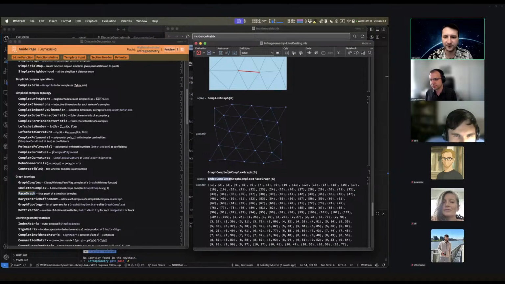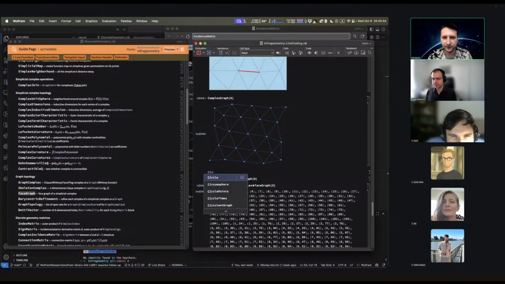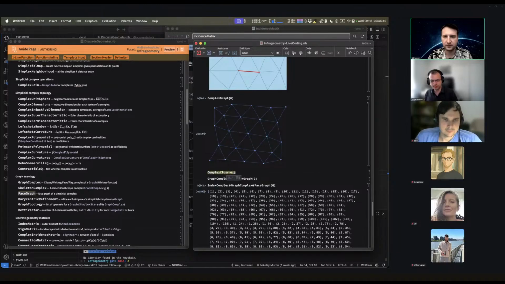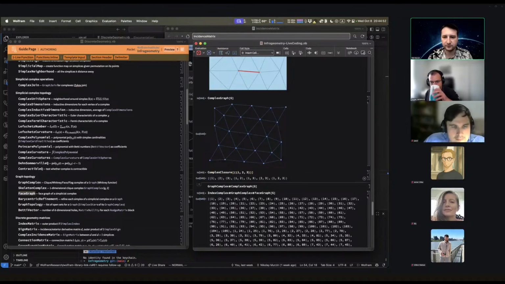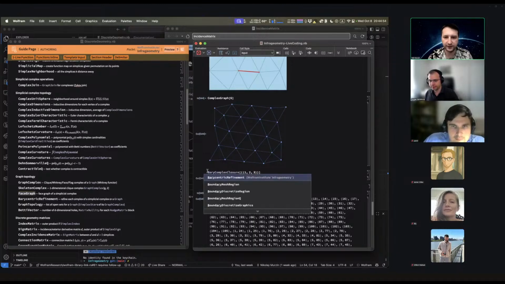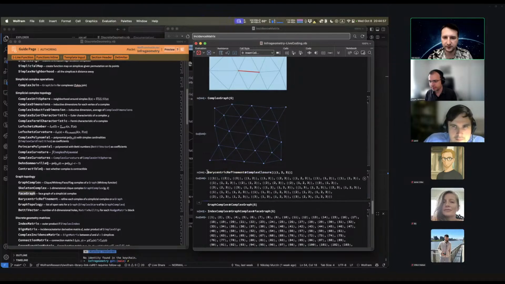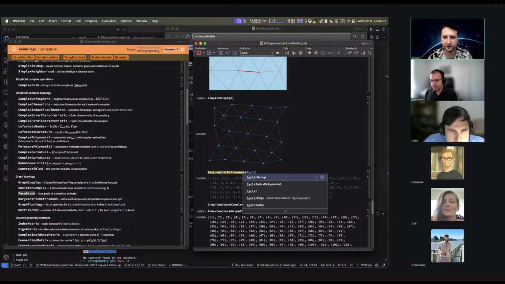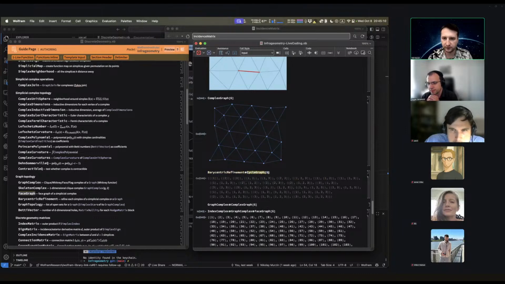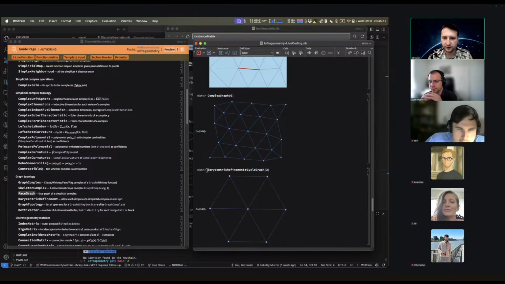For example, if you start with a simple complex like just a single triangle, and you barycentrically refine it, you get this. Well, maybe let's start with the graph. I think it only works with a cycle graph, right? And just do the nest list or something, multiple times.